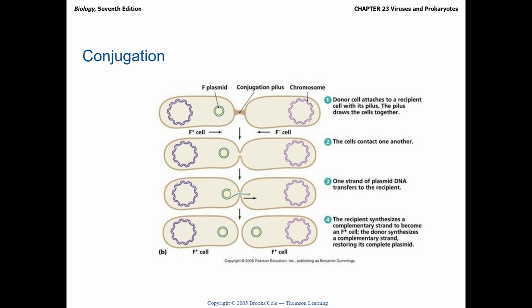Plasmids are small pieces of genomic information that can code for special abilities like antibiotic resistance, but don't always. We can also see that the recipient synthesizes a complementary strand to the piece of plasmid DNA they have so they can complete that replication, and so can the donor cell. They both can restore the complete plasmid structure.